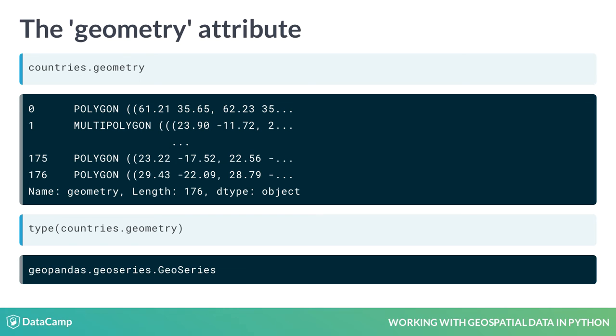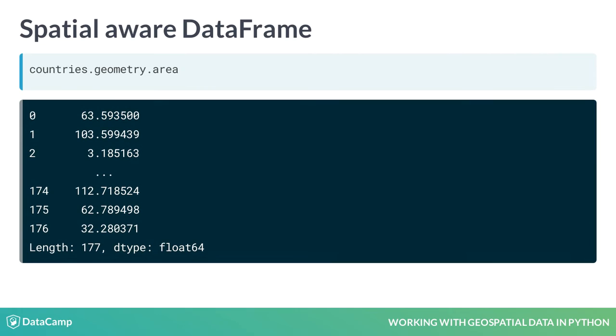Just like a GeoDataFrame is a geospatial equivalent of a Pandas data frame, the GeoSeries is like a Pandas series but with additional spatial methods. One example of such geospatial functionality is the area attribute of the GeoSeries. This attribute returns a series with the area of each geometry.